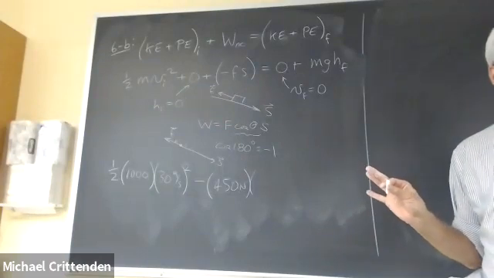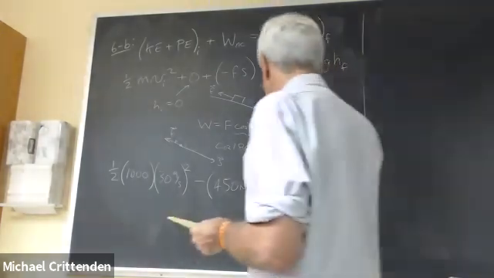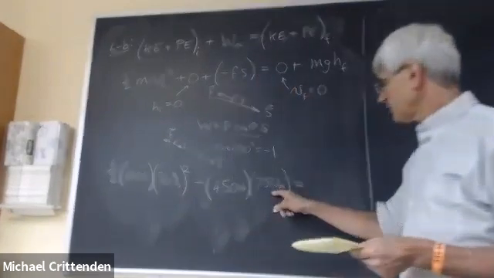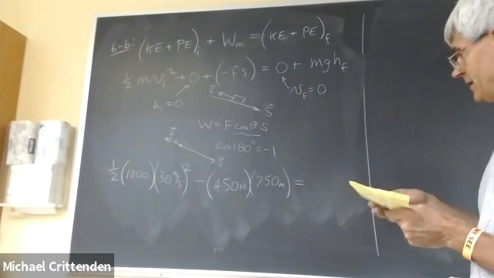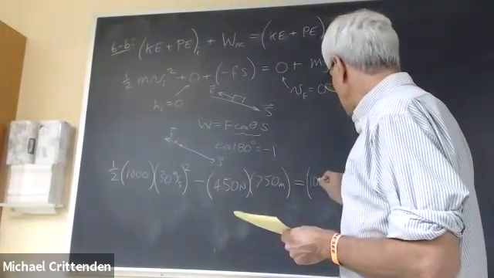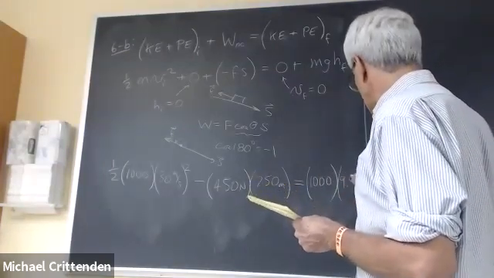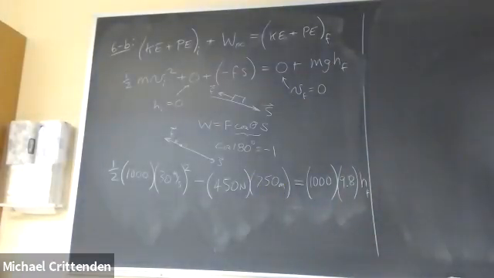A joule is a newton meter, not a newton kilometer. Convert to meters. Three quarters of a kilometer, 750 meters. Over on the other side, mgh. Mass of the car, 1,000 kilograms. Gravitational acceleration, 9.8. H final is our unknown.